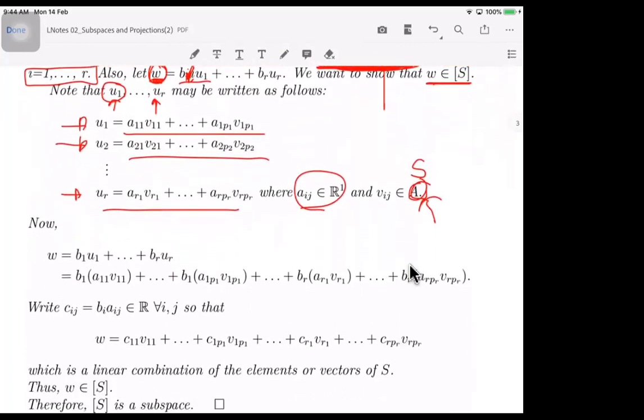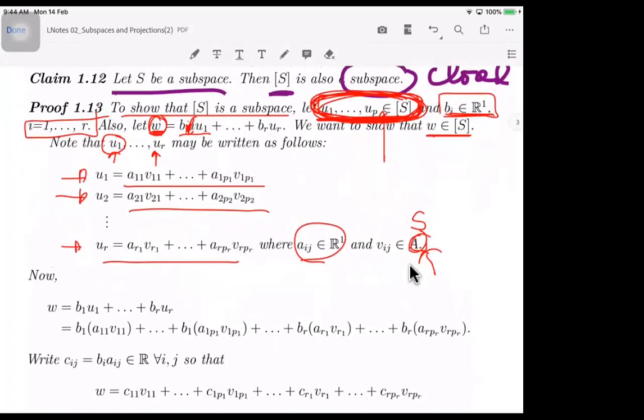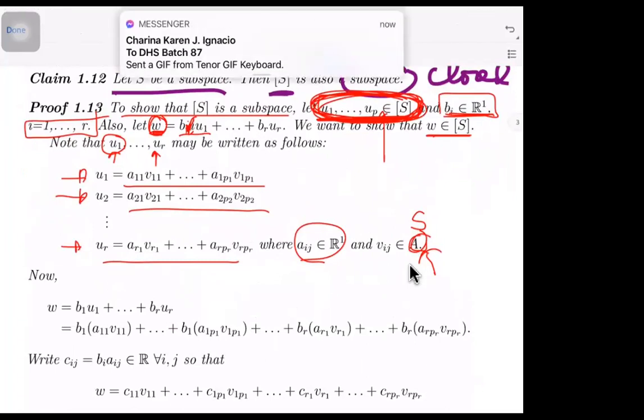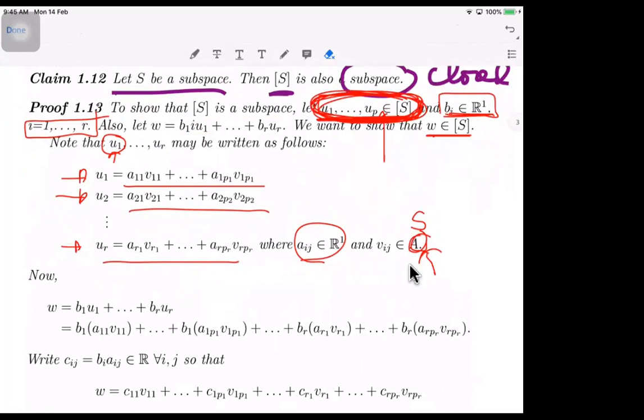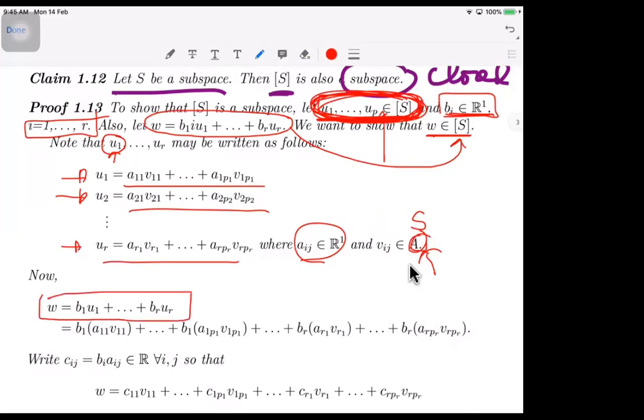Okay? So we defined W, and we want to show that it is in the linear span of S. So W is this. But each u_i is equal to this. So when you substitute, distribute the b_i, it becomes this. Are you following? And then you do that for all.